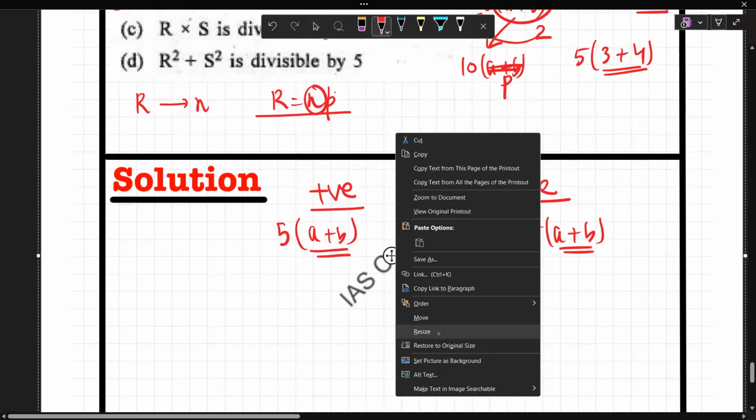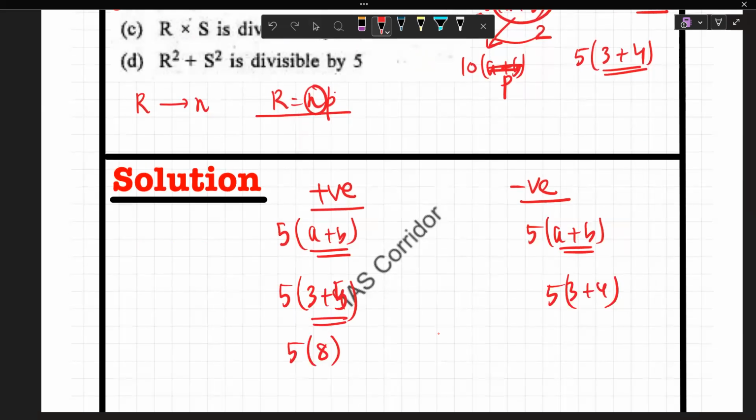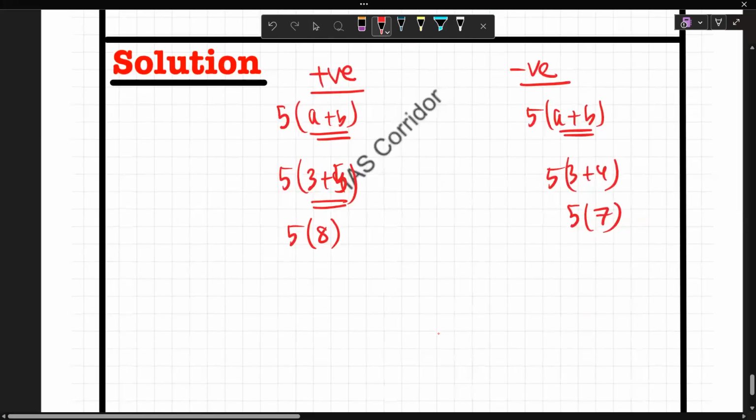That means 5 into 3 plus 5, and 5 into 3 plus 4. Now see this sum. This sum is 8. This sum is 7. Now here, this is 8. This 8 can be represented as 2 into 4. This 2 comes, earlier there was a 5.